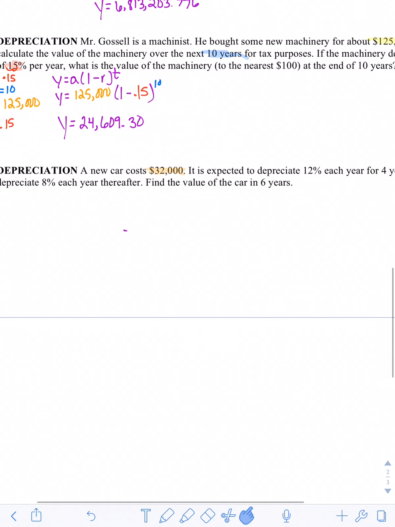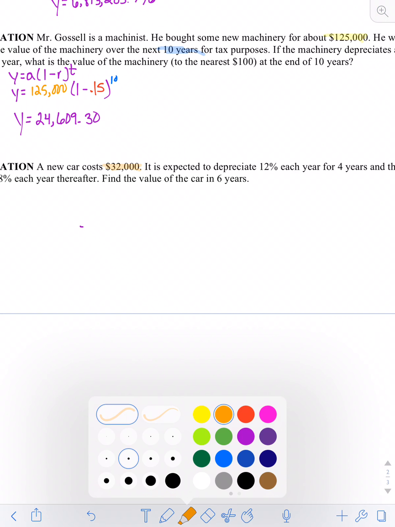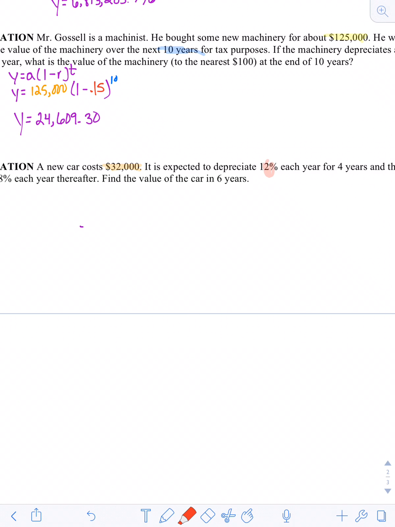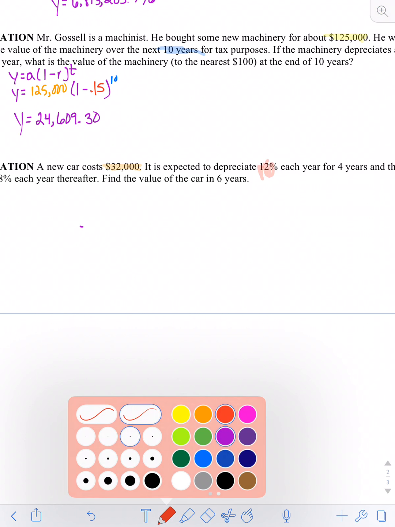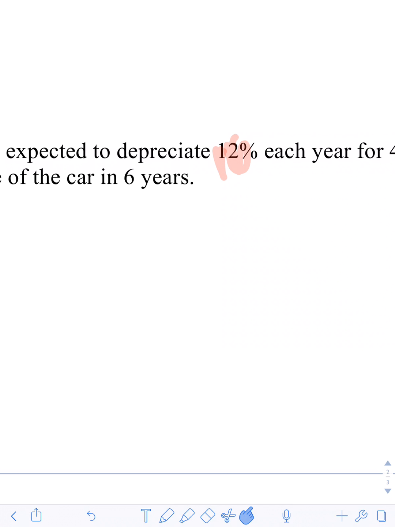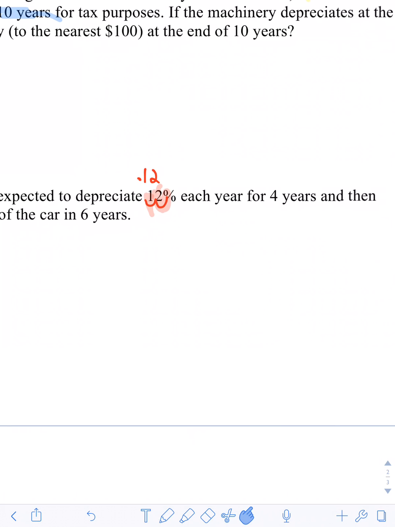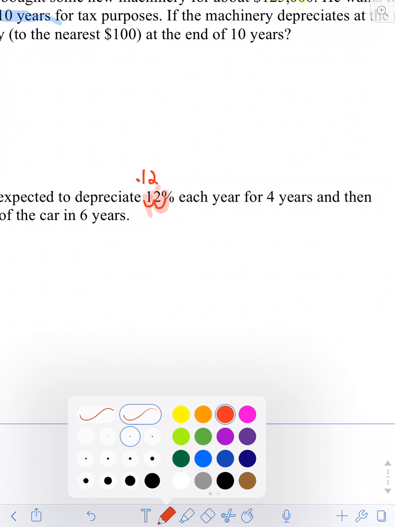Then it says it is expected to depreciate 12%. So here's my rate at 12%. I'm going to rewrite that as a decimal: 0.12, for each year for 4 years. So here's my time.